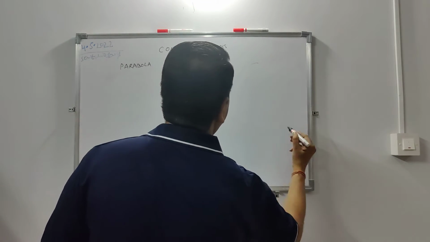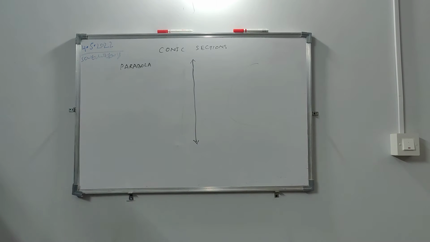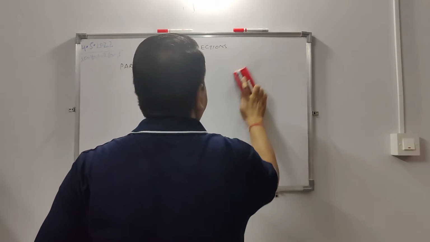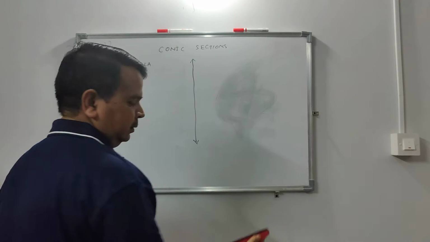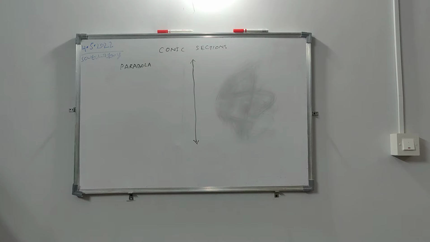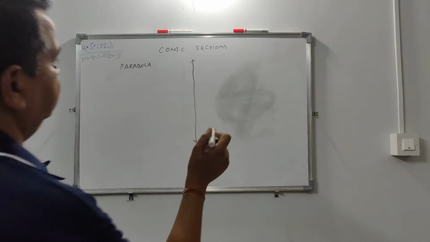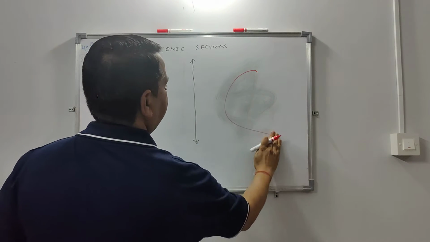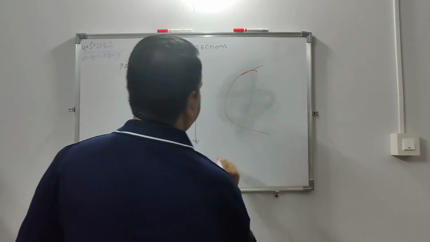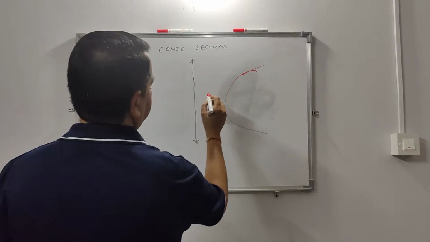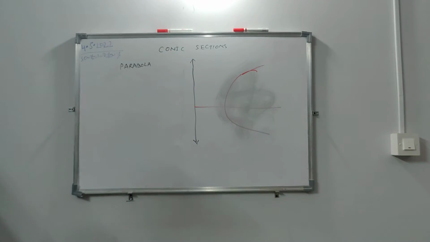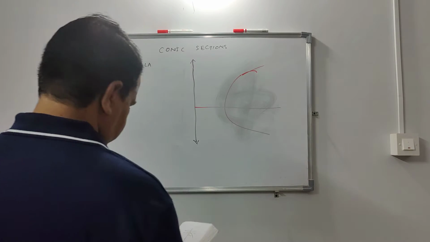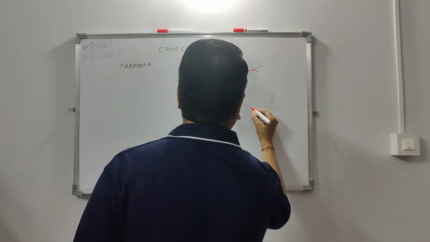So let me draw a line like this. And let me say I have a line like this. Okay. So let me say I start with a point like this. Let us say this point.